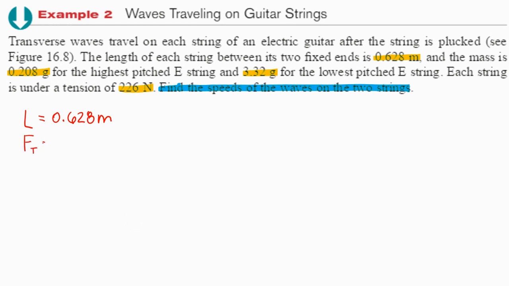So the force of tension is 226 newtons for both of them. We're solving for the speed of the waves that are traveling through each of the two strings. So we're going to do the high E string first, and then we'll do the low E string.